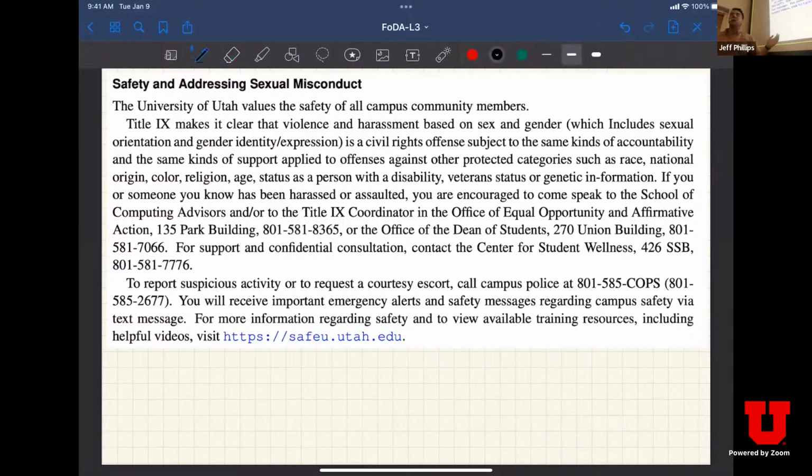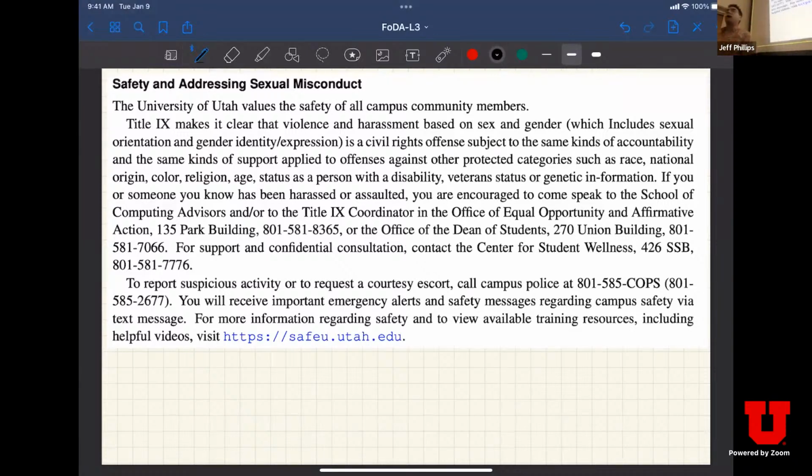Also on these lines, if you don't feel safe at any time, say if you're studying late on campus, there's a number you can call, and you can get a ride someplace if it's dark and you don't feel it's safe. There's more information about it at this link.